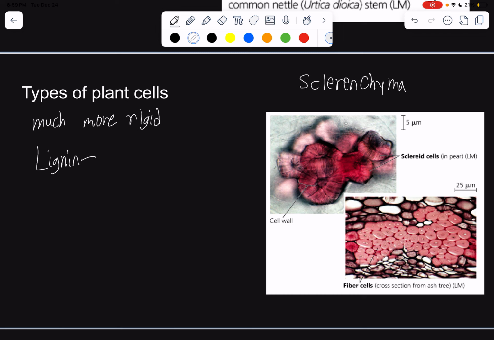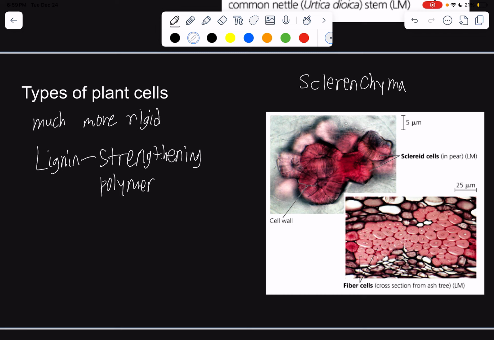Now, what is lignin? Lignin is a relatively indigestible strengthening polymer. And basically it accounts for more than a quarter of the dry mass of wood.